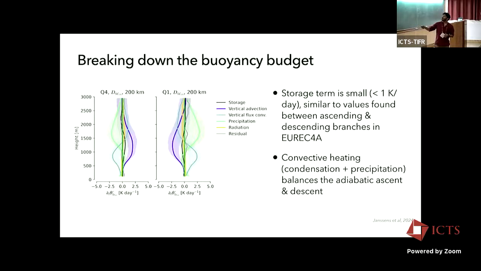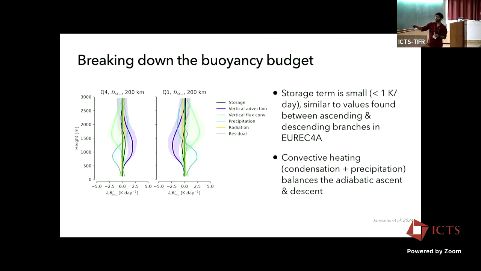And as you go higher up, it's not so much condensation, it's being evaporated, but the precipitation takes on this responsibility of heating. So if we combine this condensation and precipitation, just call it convective heating, these terms balance the adiabatic ascent or descent. And that seems to explain at least the buoyancy budget.